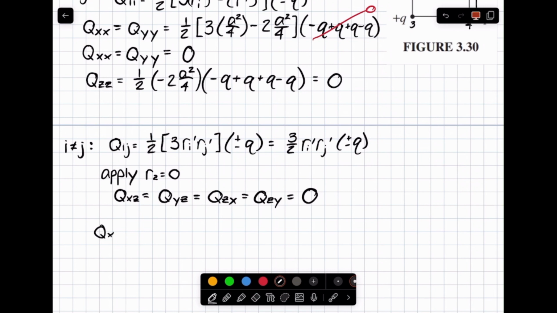When I evaluate q_xy and q_yx, these values are going to be equal to each other. And you can prove this to yourself just by looking at this general equation that I wrote, because if i and j were to switch, we would still just be multiplying r_j prime times r_i prime, and we would get the same answer.